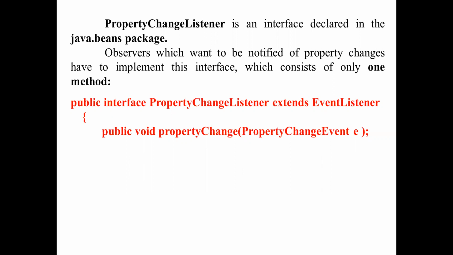To implement this interface, we contain only one method. The PropertyChangeListener interface extends EventListener. These are the only methods we implement, declared in the java.beans package.